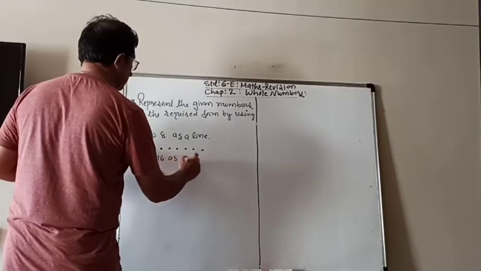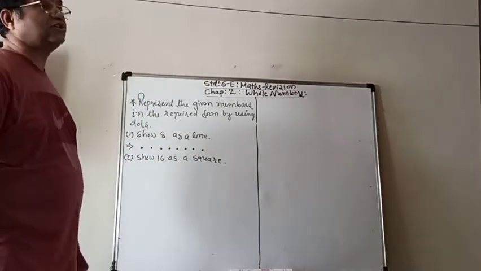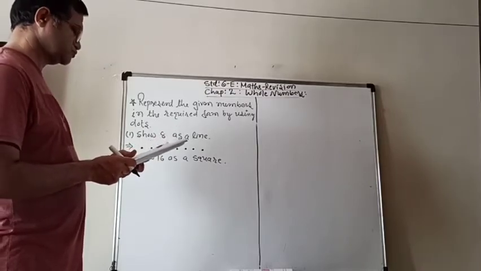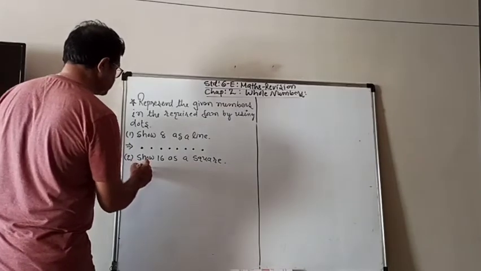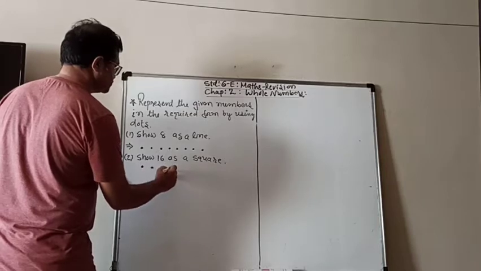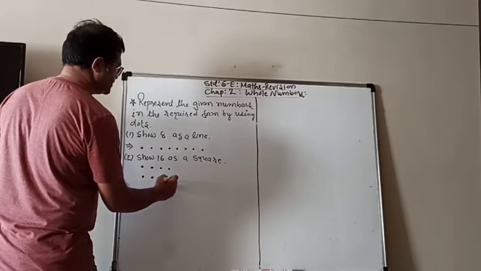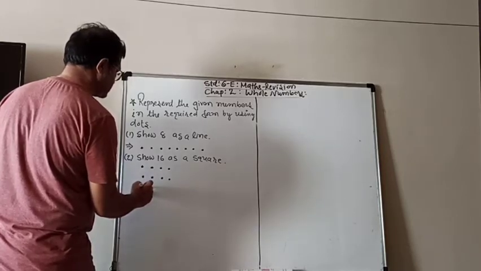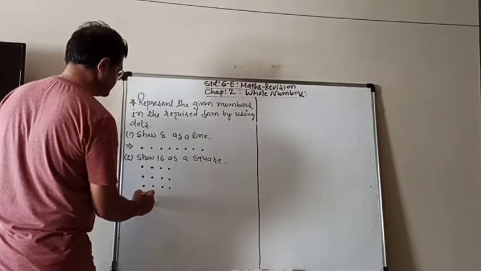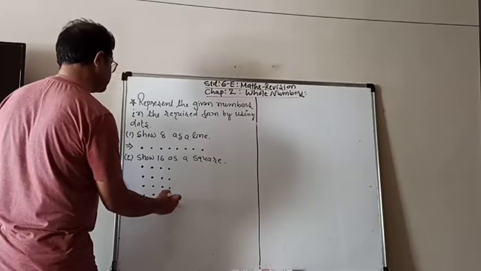16 as a square. Now we have to put 16 dots and it should make a square. So now 16 means 1, 2, 3, 4, 5, 6, 7, 8, 9, 10, 11, 12, 13, 14, 15 and 16.